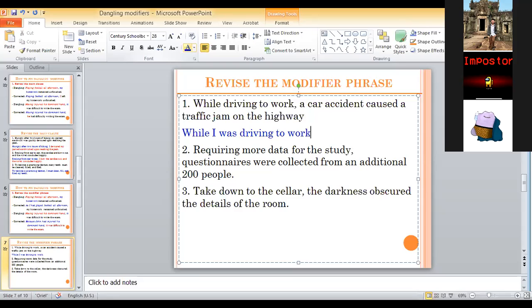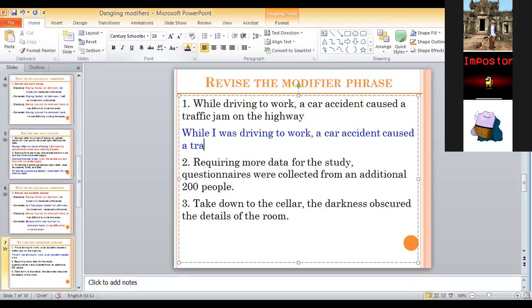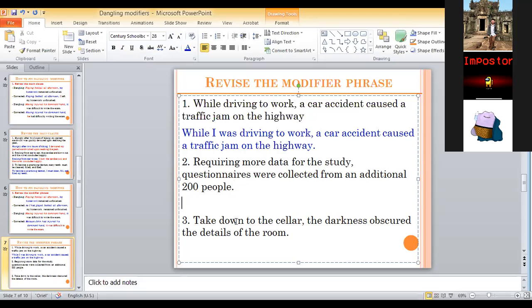So you only change a little bit like that. While I was driving to work, a car accident caused a traffic jam on the highway. Good. How about the second one?